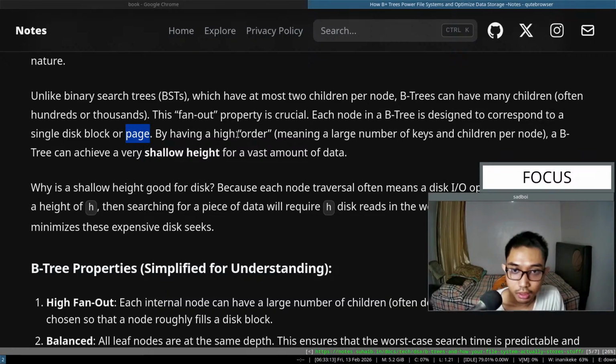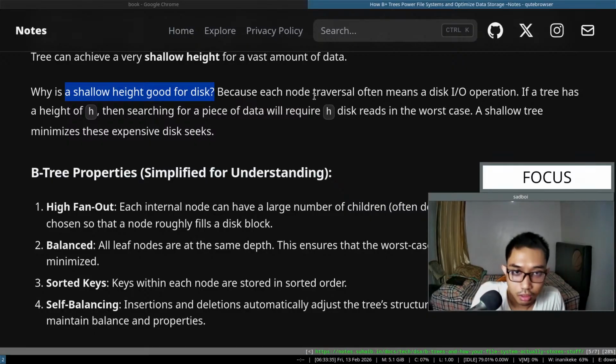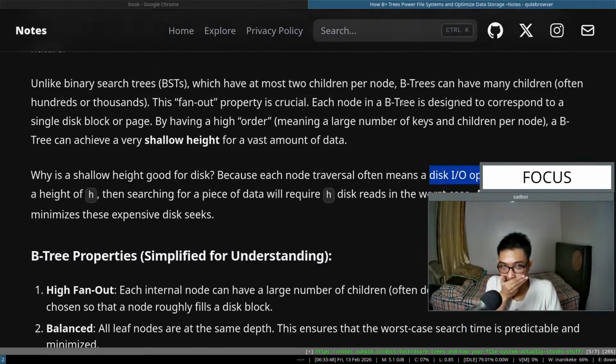By having a high order, meaning a large number of keys and children per node, a B-tree can achieve a very shallow height for a vast amount of data. Why is a shallow height good for this? Because traversal often means a disk input-output operation.